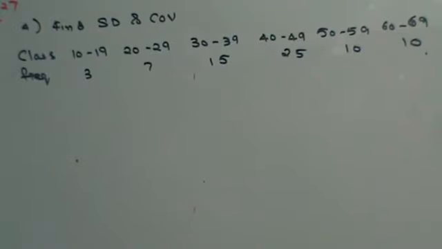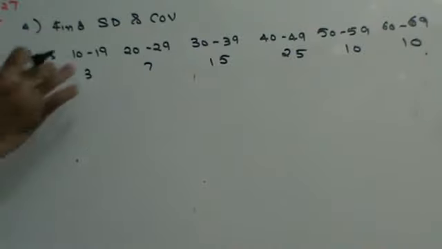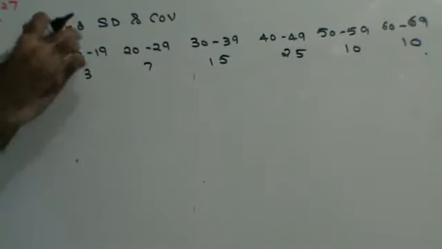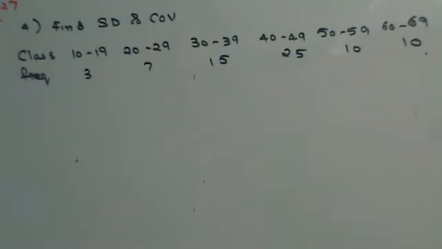If the class interval is not continuous, while finding standard deviation, you do not have to make it continuous. So you will take the class interval as it is. So midpoint of 10 and 19 will be 14.5. Please do not make the class interval continuous by reducing the lower limit by 0.5 and increasing the upper limit by 0.5.